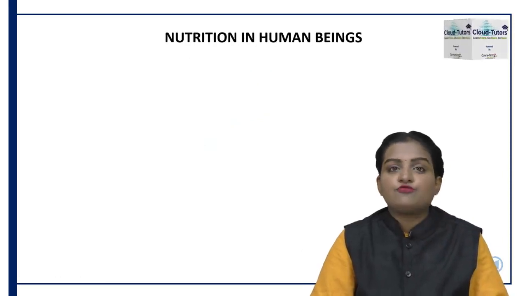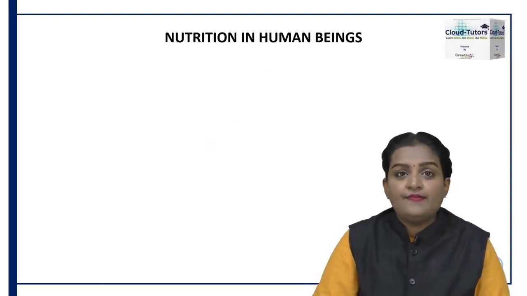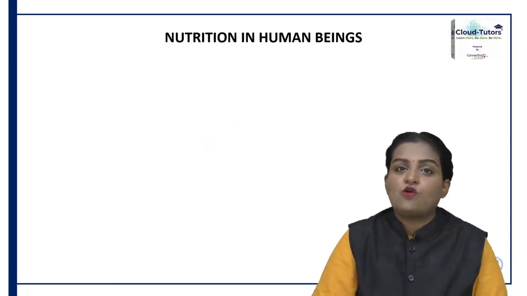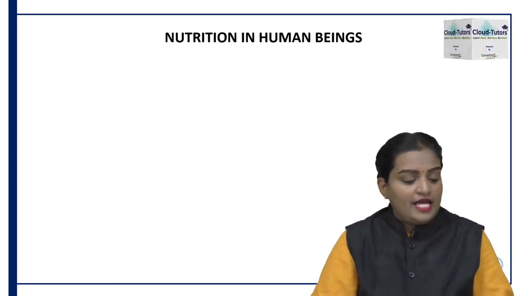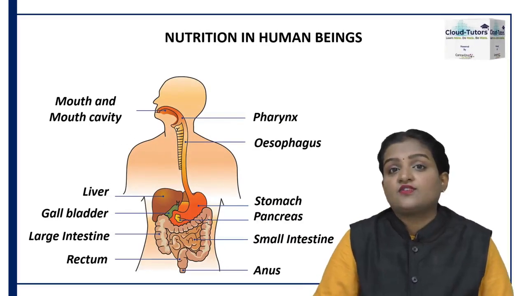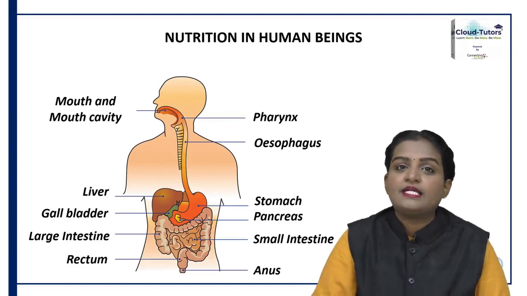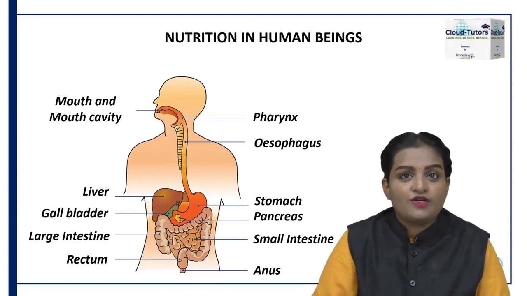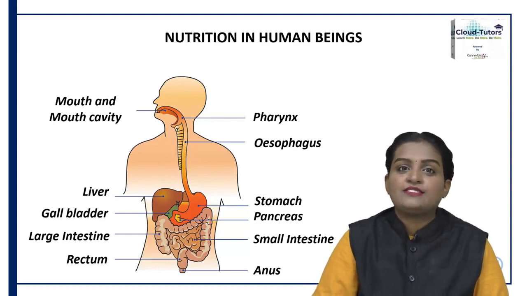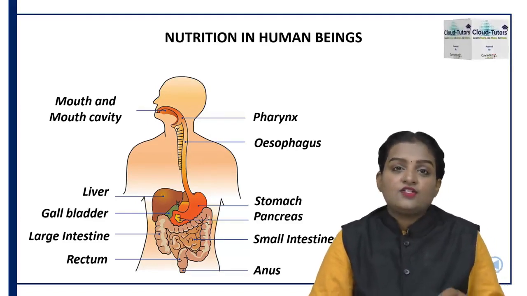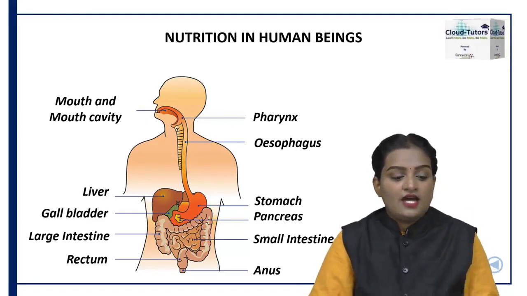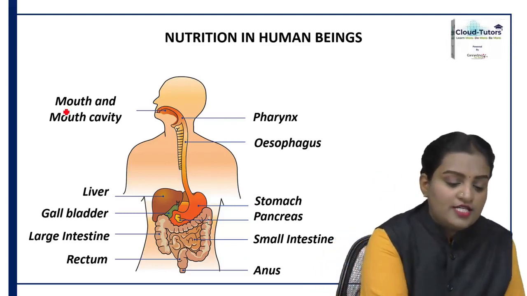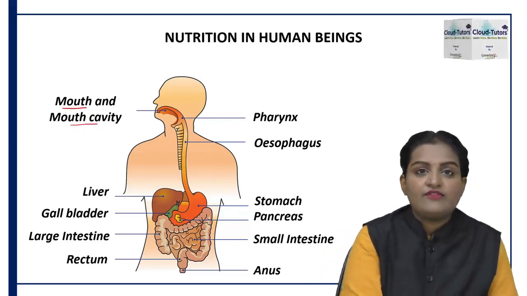Now coming to nutrition in human beings, we know that it is holozoic mode of nutrition, and we have a digestive system to do so. Amoeba is a unicellular organism, thus it doesn't have a specialized organ system, but humans do. The digestive system starts from the mouth.